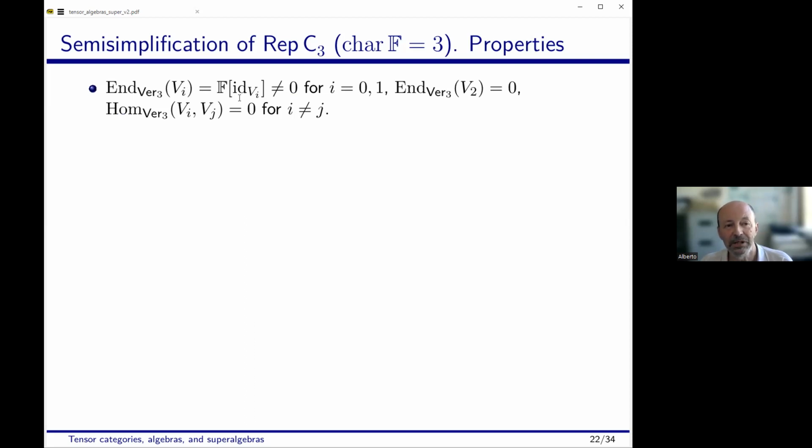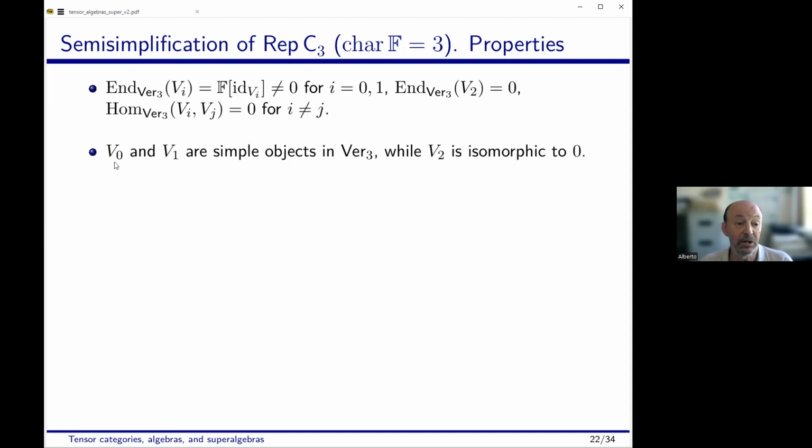So in particular, in this category, these endomorphism spaces are one-dimensional. However, for V2, any endomorphism of V2 is negligible. So modulo negligible endomorphisms, everything disappears. And there are no non-zero morphisms between different objects here.